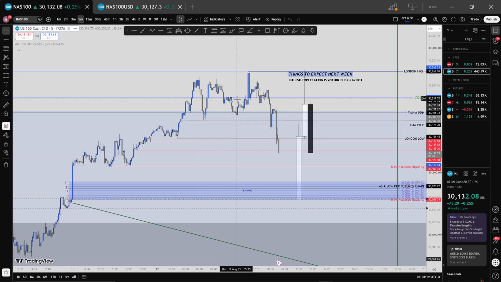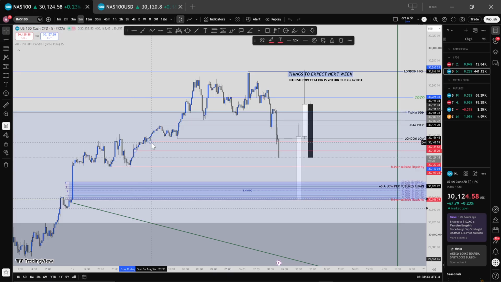So this price action here, we can see we are taking out the buy side while leaving the sell side below. As you can see, this minor sell side liquidity, we have equal lows down here.